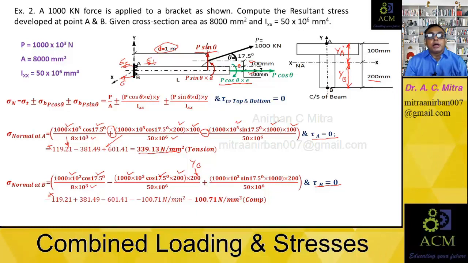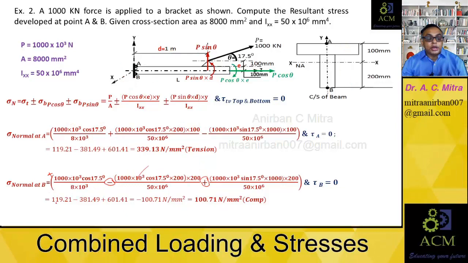So sigma C, compressive type of stress, is produced. That's why due to the P cos theta moment, it will be the negative value. And for the P sin theta, some pulling force is applied here. So tensile stress is produced at point B due to P sin theta. Hence, it will be taken as a positive value.